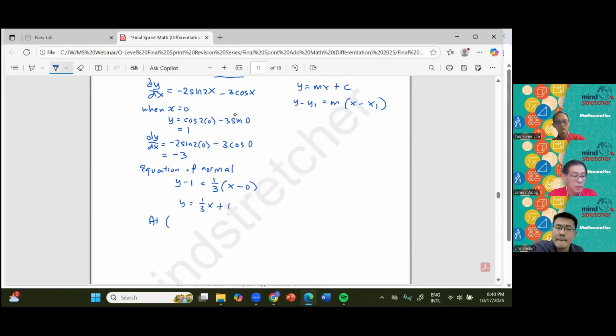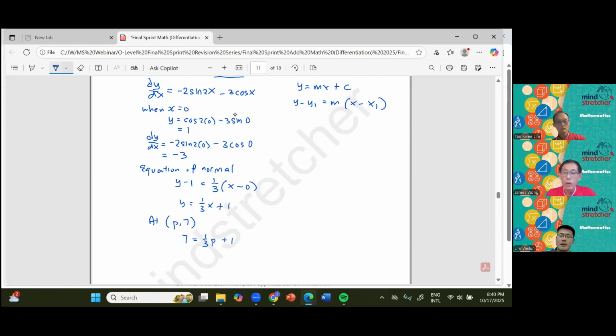At this point, p comma 7, I substitute into my equation of my normal, and I will get 7 equals 1/3 times x. My x in this case is my p, right? So I put p and then plus 1.